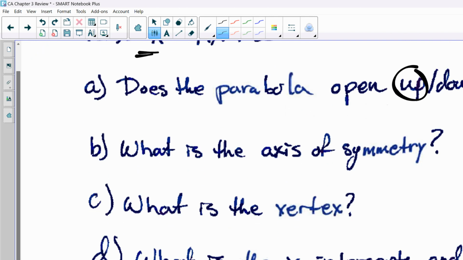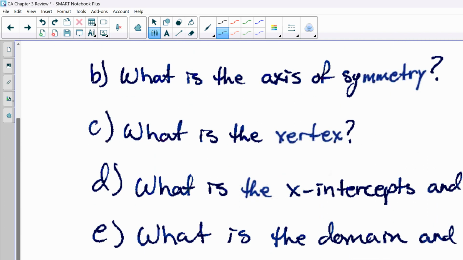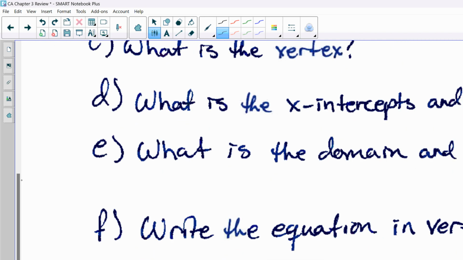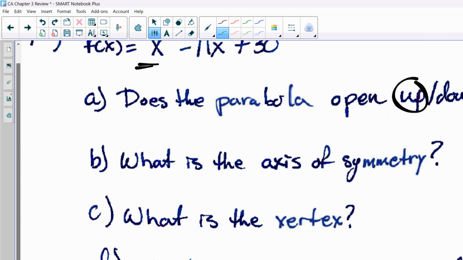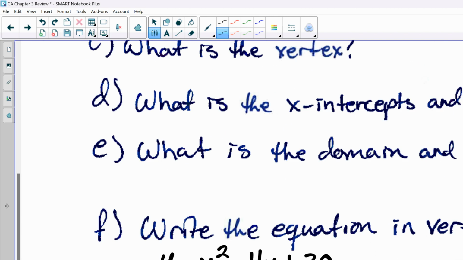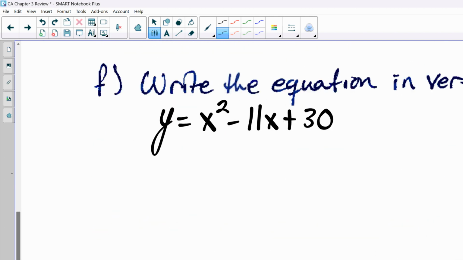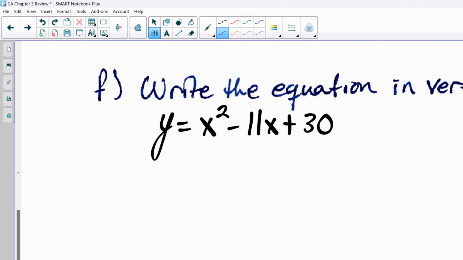Axis of symmetry, vertex. Well, all these would be helpful if we had it in, make sure, yep, vertex form. So even though it is f, it's going to be good to have it in vertex form first because that'll help us get the rest.